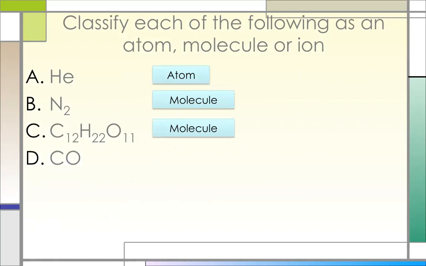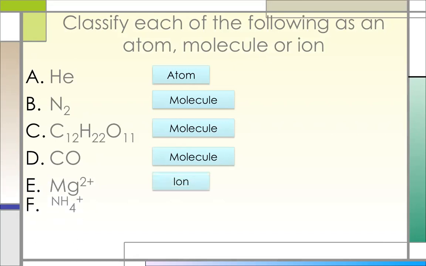CO, or carbon monoxide, is a molecule. And Mg2+, or magnesium 2 positive, is an ion. While your ammonium, NH4+, is also an ion. Your phosphate, which is PO4 3-, is an anion.